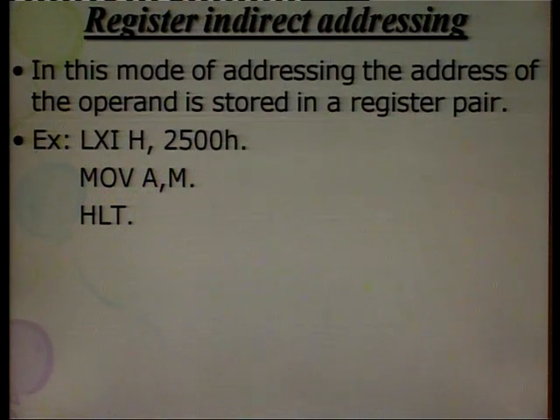Now, the next instruction, that is MOV A, M. This belongs to register indirect addressing. With the help of this instruction, I want to copy the contents of the memory location whose address is already stored in the register pair HL. So, what is there in the HL pair? In the HL pair, I have stored 2500 with the help of the LXI H instruction.